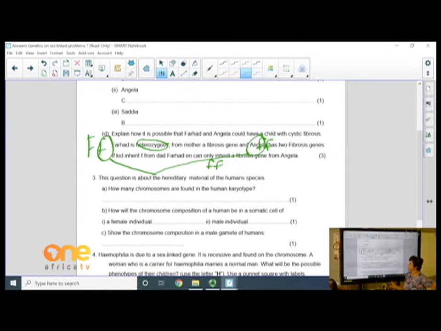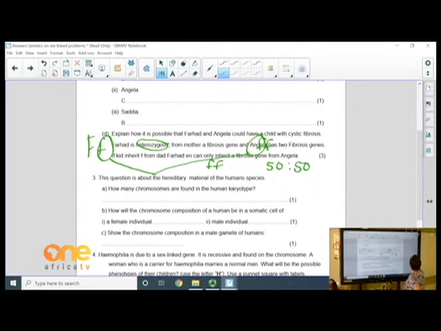And remember, when we have heterozygous and homozygous, then there will always be a 50-50 percentage, a 1-to-1 chance of having a cystic fibrosis or an unaffected child.